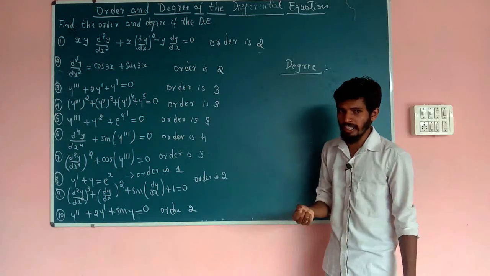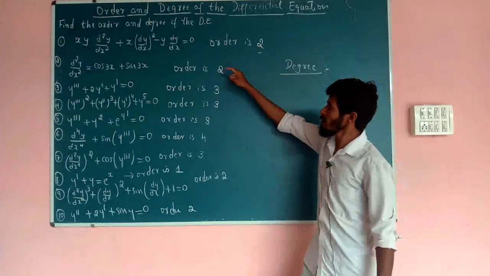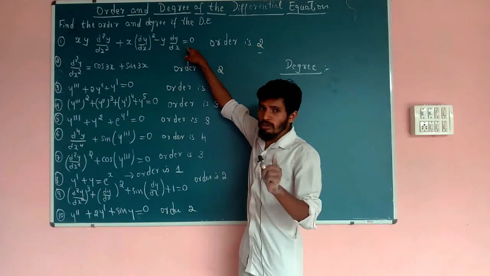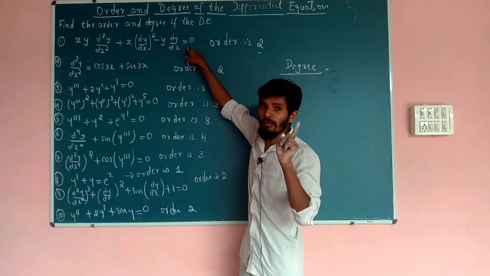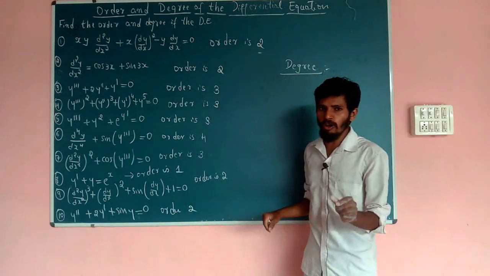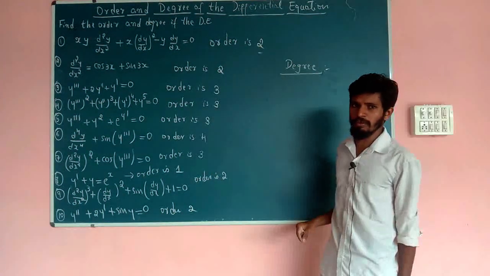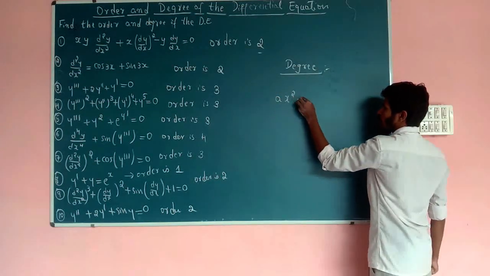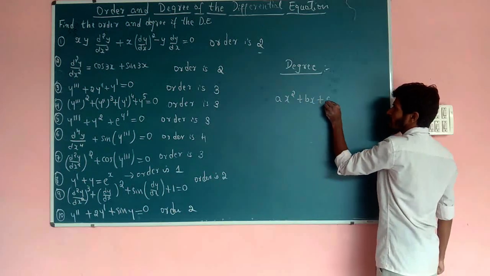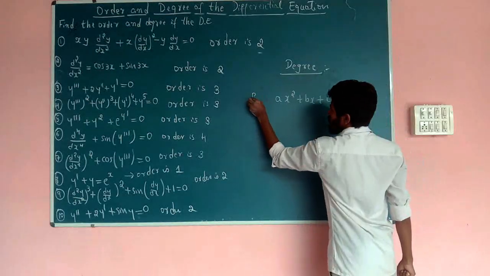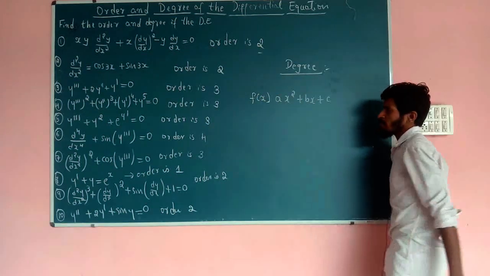One more condition is there: the given differential equation must be a polynomial equation in derivatives. For example, we know the quadratic equation ax square plus bx plus c is equal to 0. It is a quadratic equation. I take f of x equals ax square plus bx plus c.